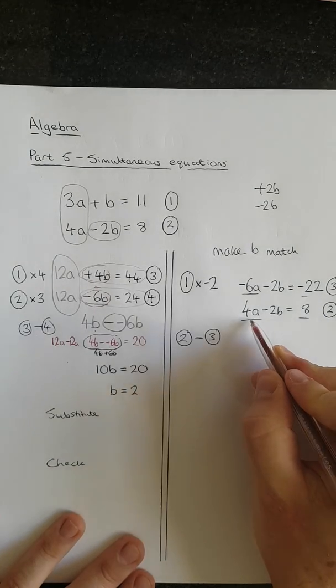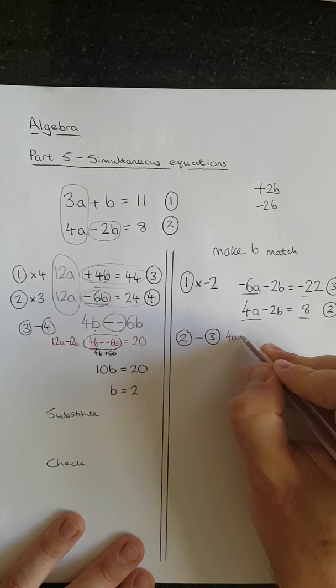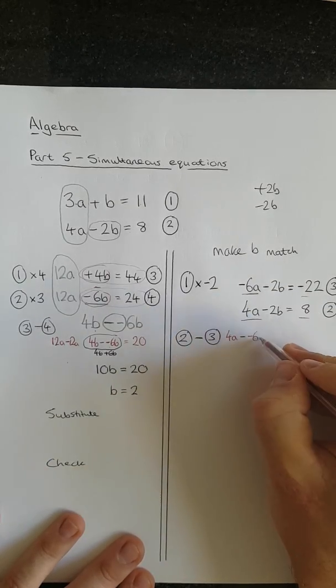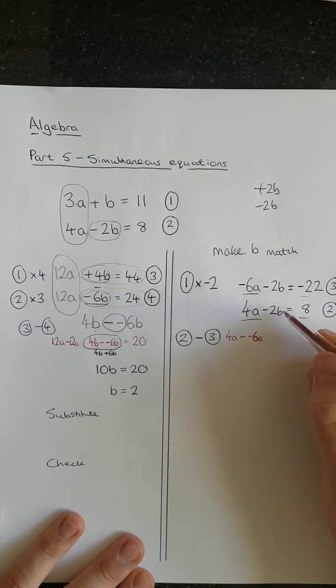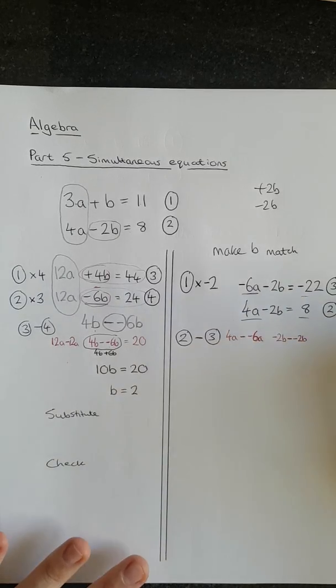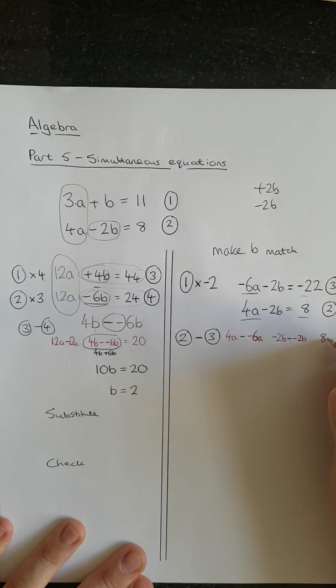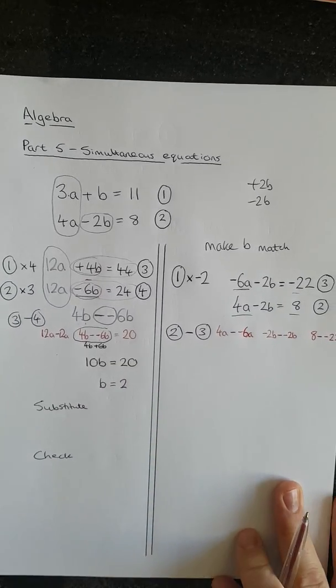So be careful now, it's 4a subtract minus 6a. Here it's minus 2b subtract minus 2b. And on the end it's 8 subtract minus 22.